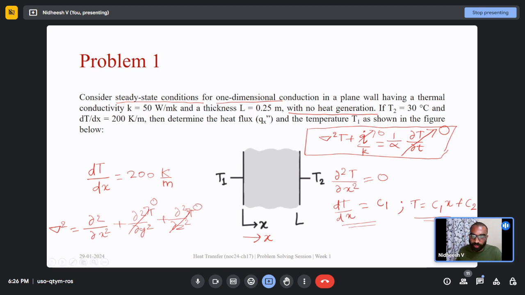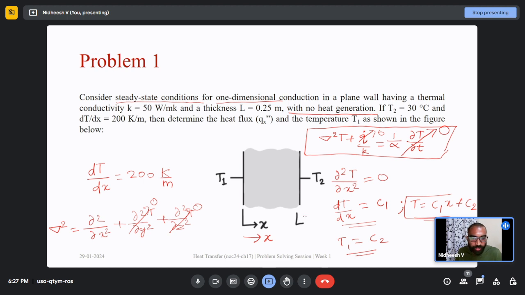Okay. What are the boundary conditions we have? One boundary condition is that at x equal to 0, temperature is T1, right? Then from this equation, T1 equals, with x equal to 0 this term would vanish, simply C2. C2 becomes equal to T1.